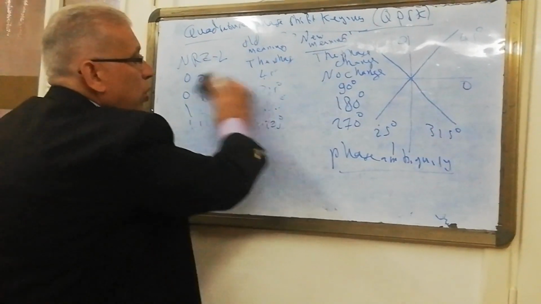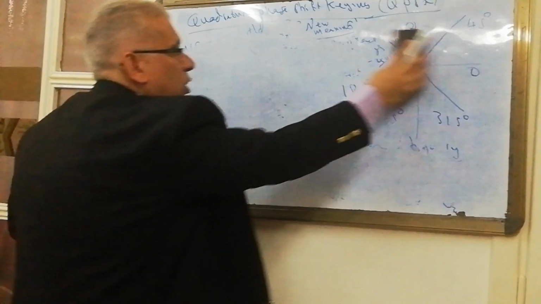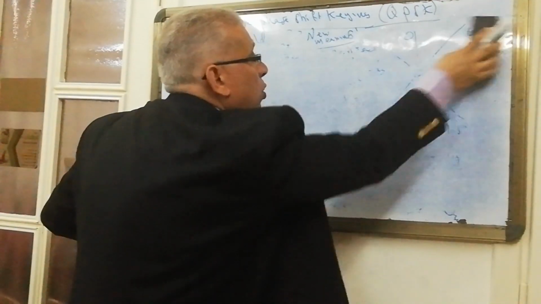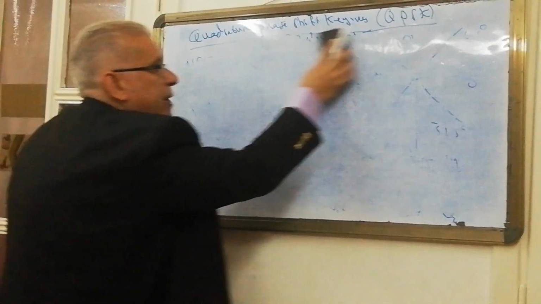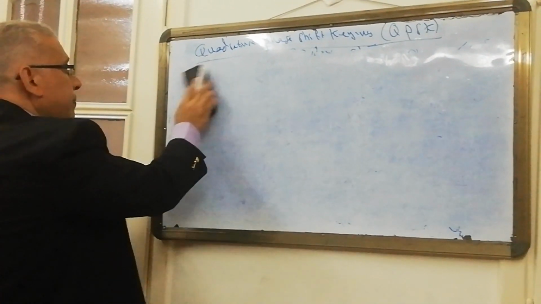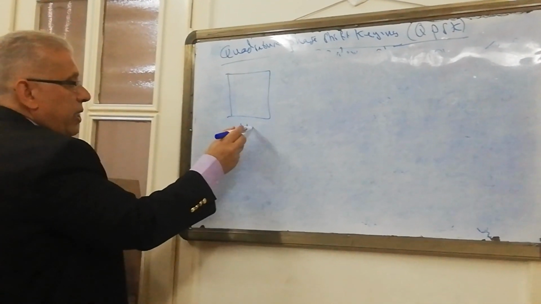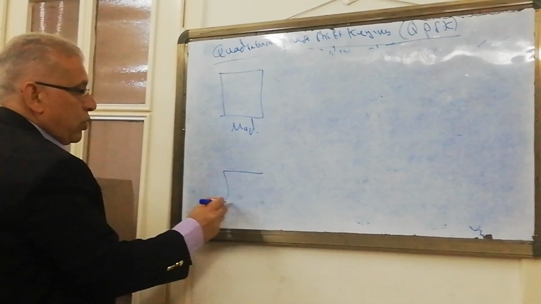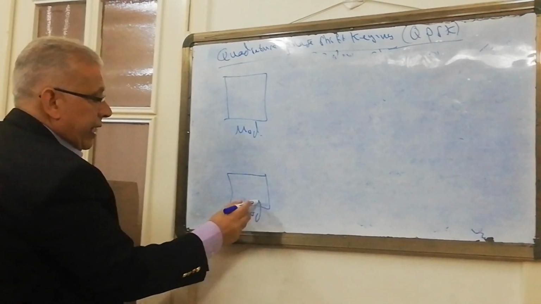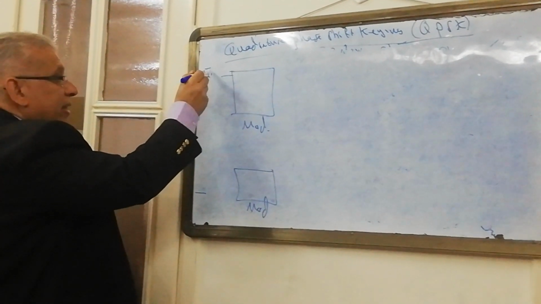Now I am going to draw the block diagram of the modified modulator of the quadrature phase shift keying in order to solve the problem of phase ambiguity. So here I'm going again to draw the modulator, first modulator and the second modulator. Here we have to talk about the I carrier in phase.